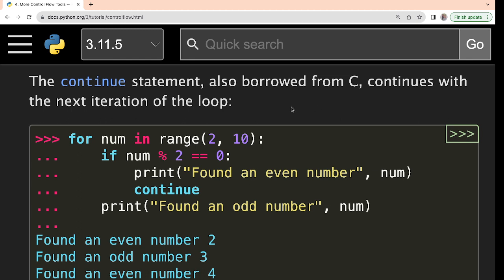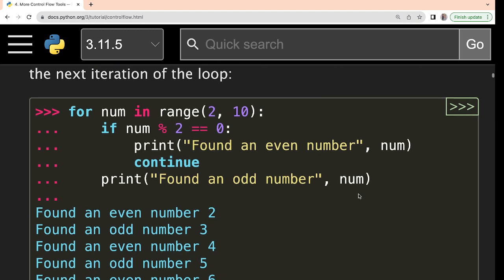Let us say the loop is running the first iteration, second iteration, and maybe some specific condition is also there. If one condition becomes true, then whatever rest of the statements are there, you don't want to execute them, you want to continue with the next iteration. For that kind of situation, we use the continue statement.